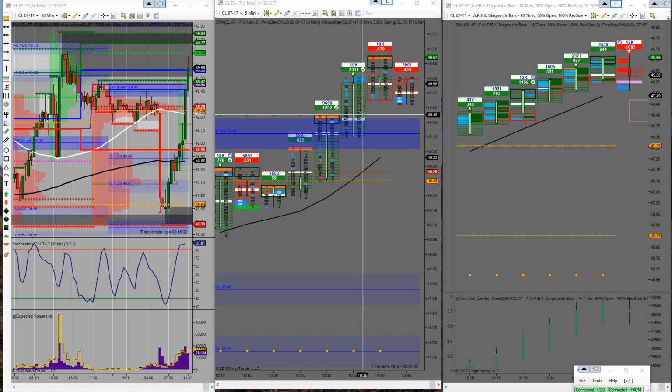Let me see here. 47, 67, 69 is the value area high right here. So it's penetrated this point of control, and it is, where are we at? So it's just short by 2 ticks or so.